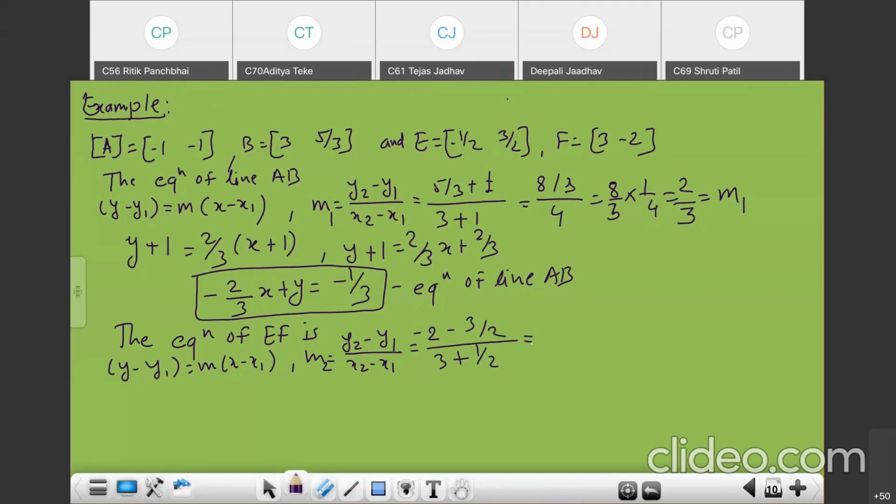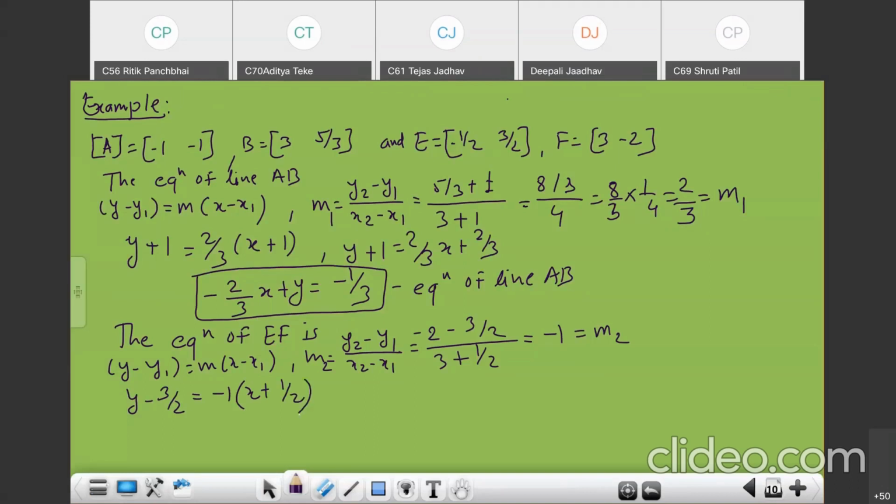After calculation, it is minus 1. That is the slope of the second line. So put this value of m here: y minus y1, where y1 is 3 by 2, is equal to minus 1 times x minus x1, that is x minus minus 1 by 2.